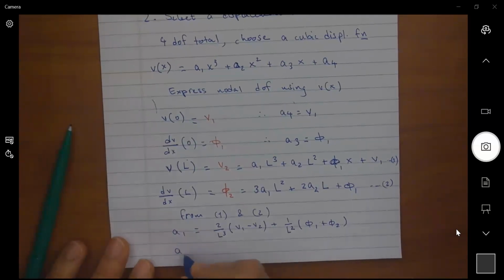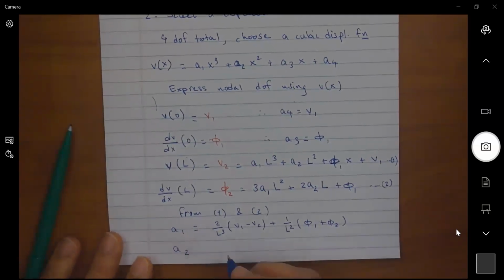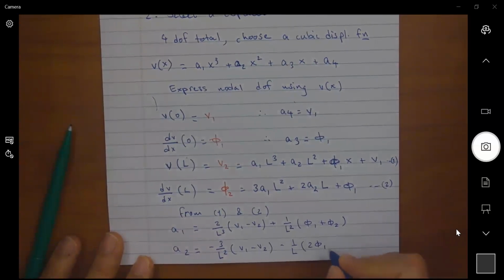And A2 will be equal to minus 3 over L squared times V1 minus V2 minus 1 over L times 2 Phi1 plus Phi2.